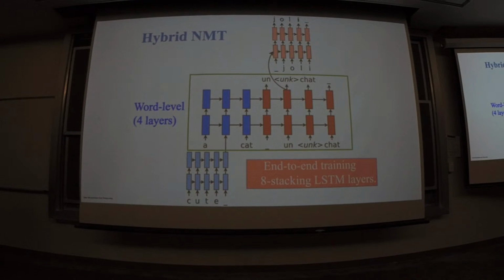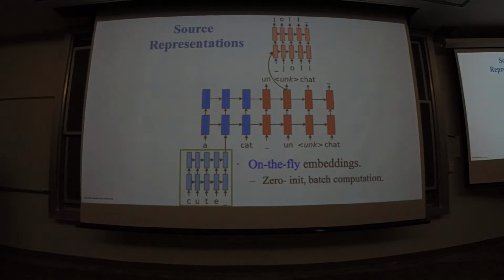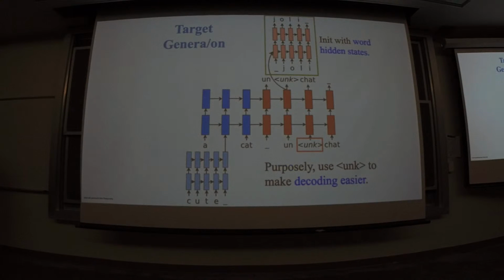So you have an additional system learning to go between these kinds of phrases and words at a different, lower level, the character level. And once you do that, you get state-of-the-art translation in these systems.